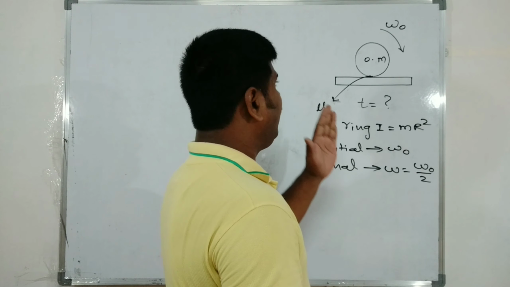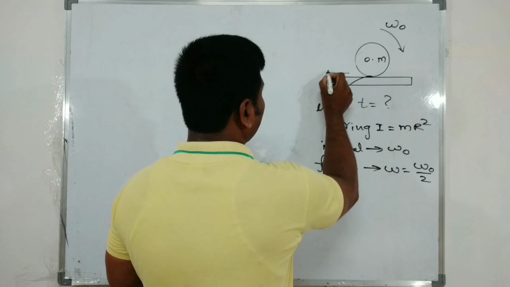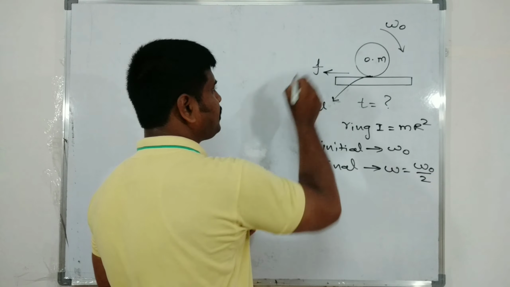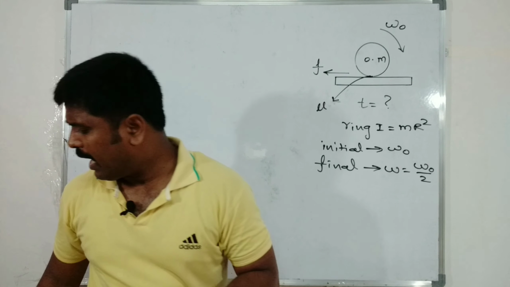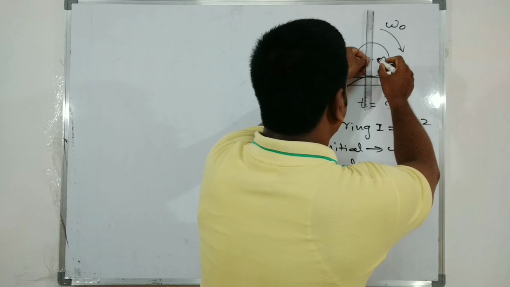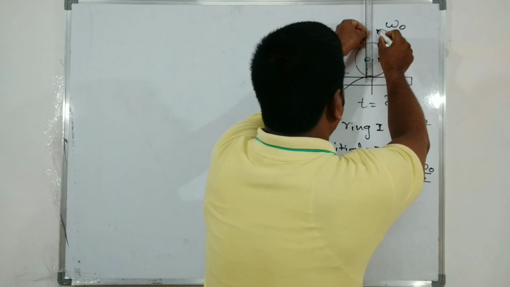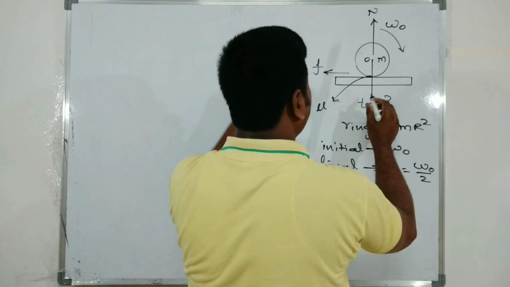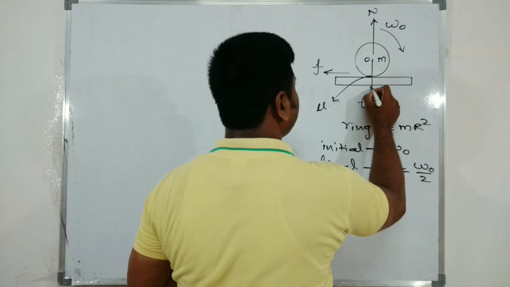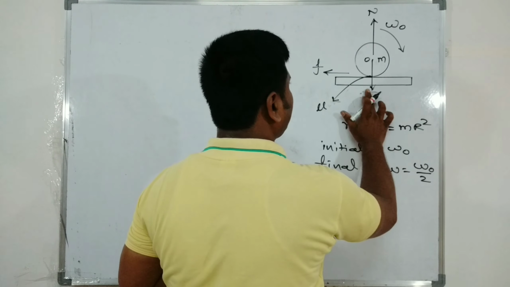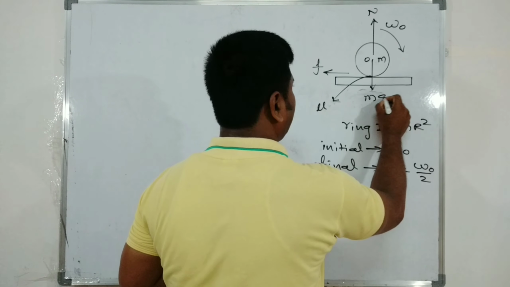One thing to remember: the frictional force acts in this direction because the ring rotates clockwise. Here m is the mass of the ring, so mg acts downward and the normal reaction acts upward.